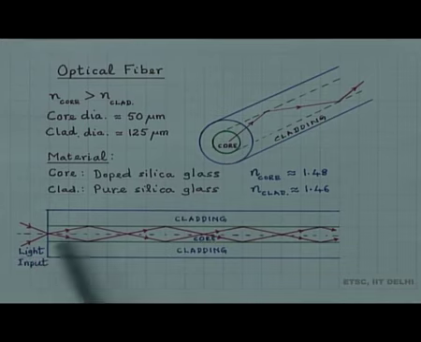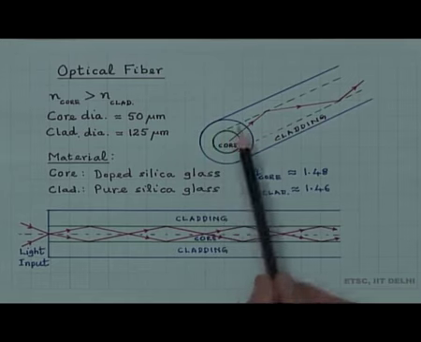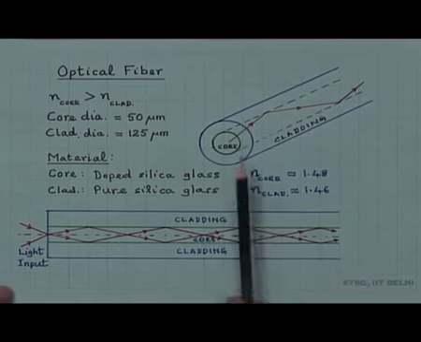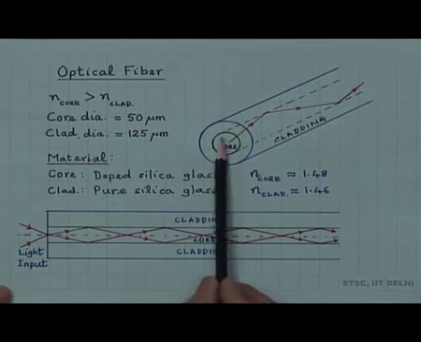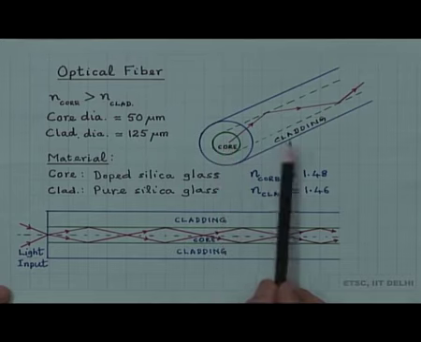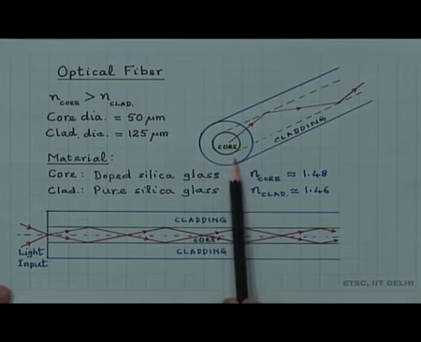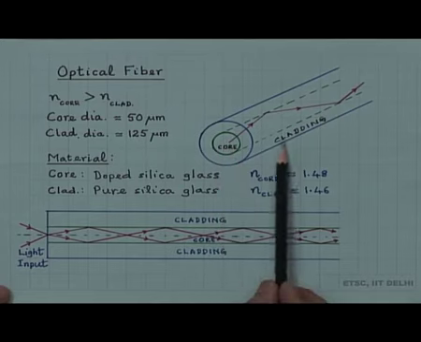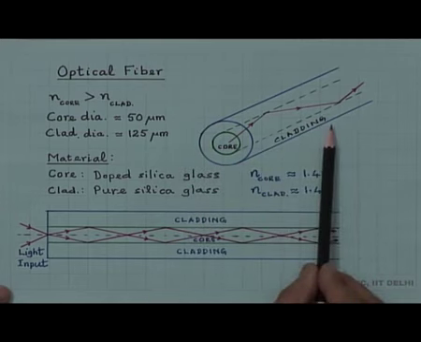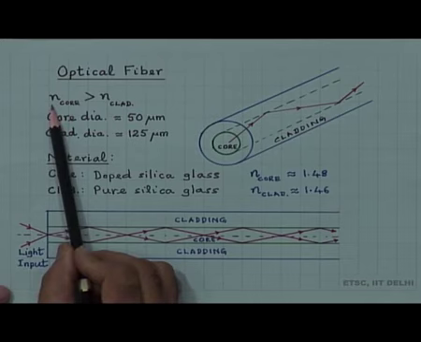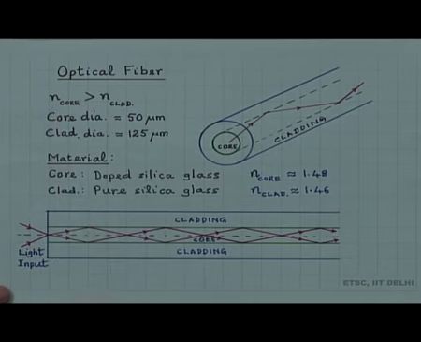It is not a hollow core, this is also glass, this is also glass, which are fused one into another, and the refractive index of the core is greater than the refractive index of the outer medium, which is the cladding. Cladding is something which is covering, so that is why it is called cladding. The refractive index N core is greater than N clad.